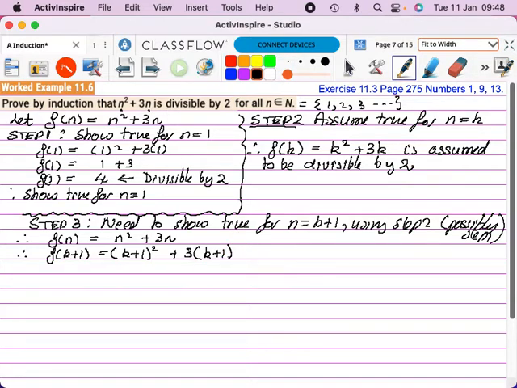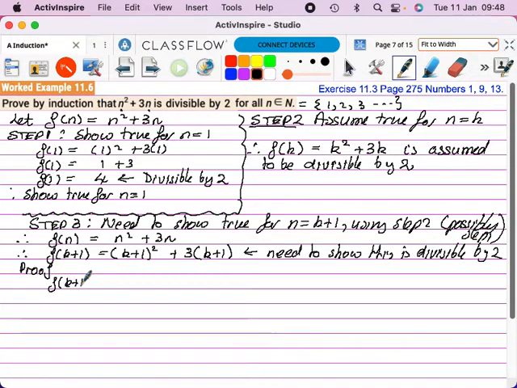Therefore, need to show this is divisible by 2. Okay, let's look at the proof. And the proof is, what do I do this time?